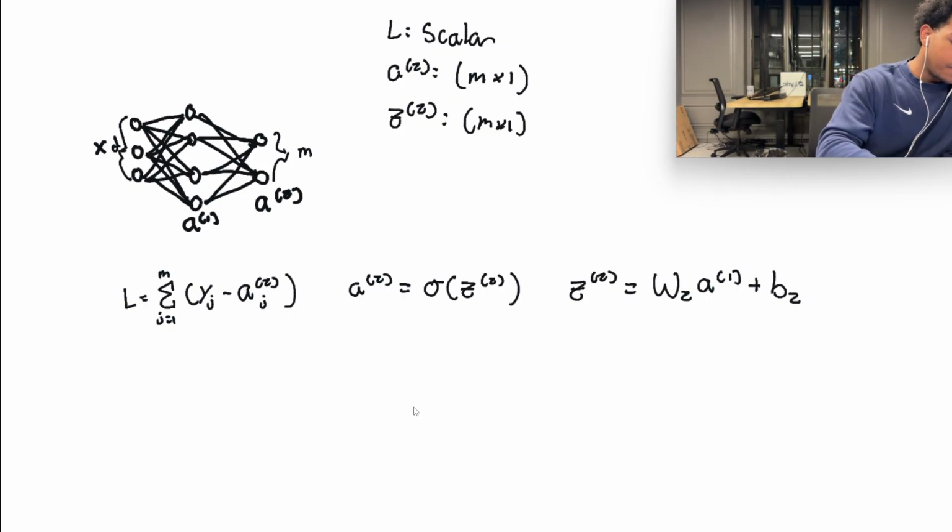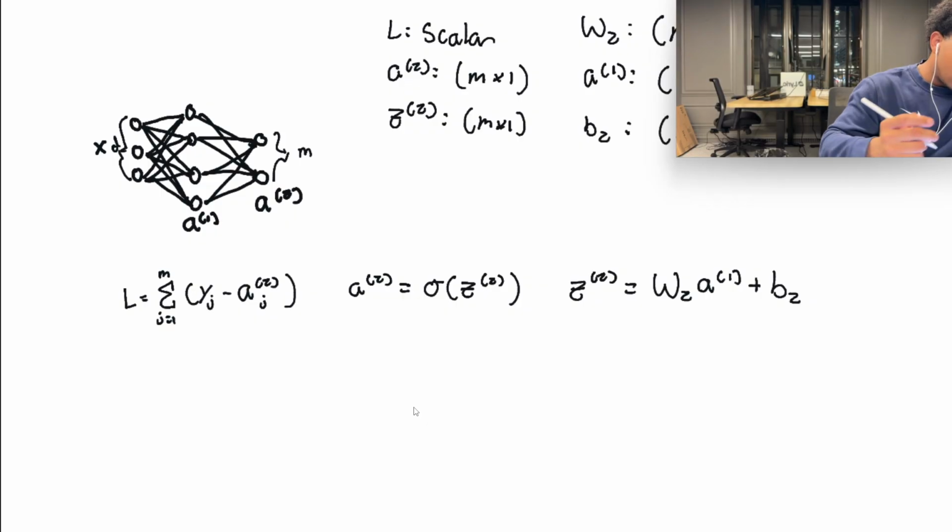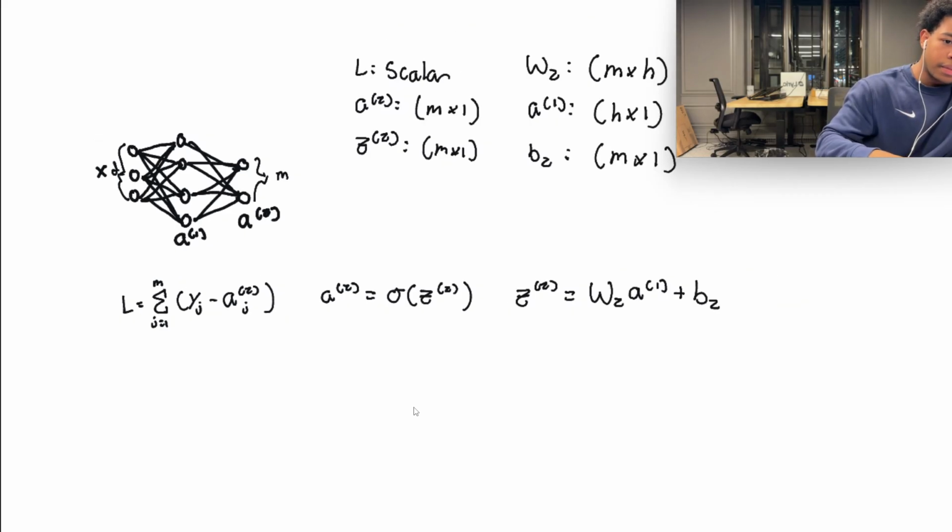So W2 is m by h, and a1 is h by 1. That means b2 is still m by 1. And then we can keep going.